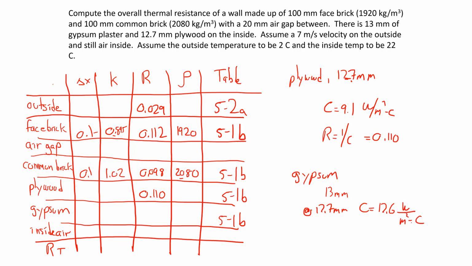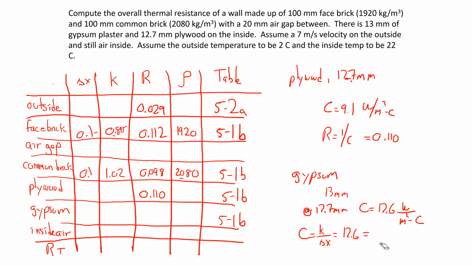Now, again, conductance would be conductivity over thickness. So that would be 12.6 equals K over 0.0127, since it's going to be in meters.